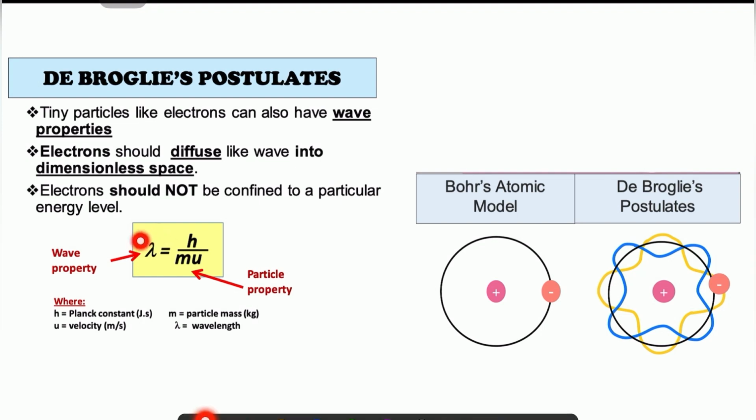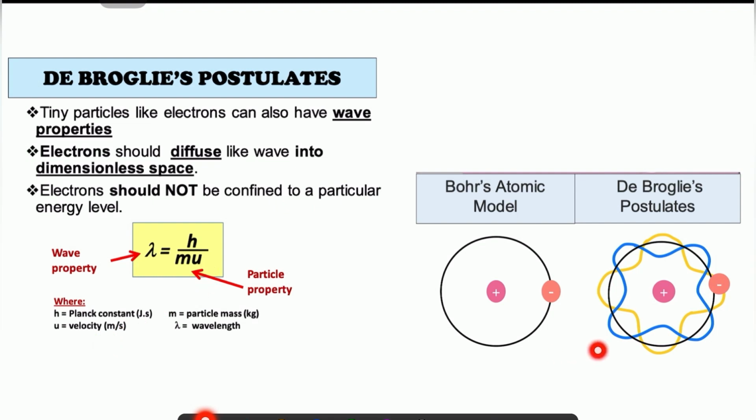The wave property is equal to h, the Planck constant, over m, the particle mass, and u, the particle velocity, in meters per second.